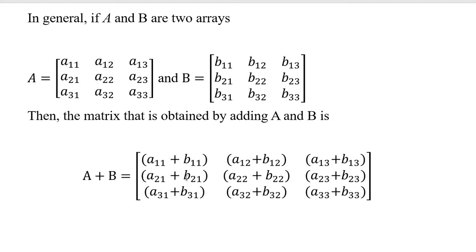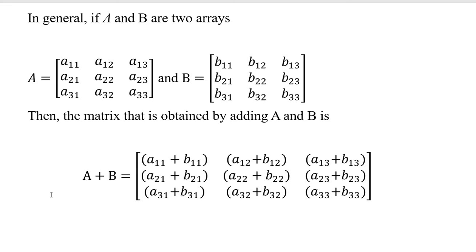Similarly, the second row: A21 plus B21, A22 plus B22, A23 plus B23. And the third row: A31 plus B31, A32 plus B32, A33 plus B33. This is the simple way of adding two matrices.